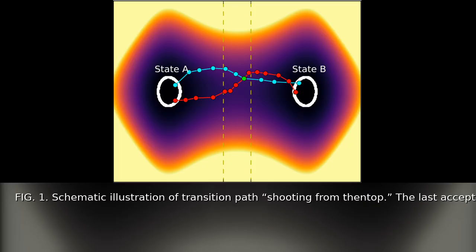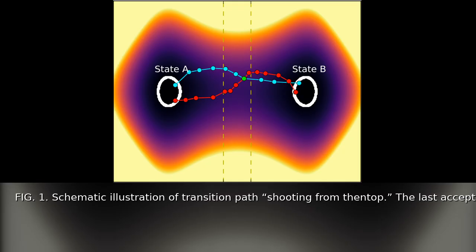In this depiction, a recently accepted transition path, labeled X and shown in cyan, and a newly generated trial path, labeled X0 in red, are placed against a two-dimensional free energy landscape. On this landscape, dark colors indicate areas of low free energy, and the two metastable regions A and B are marked by white outlines.